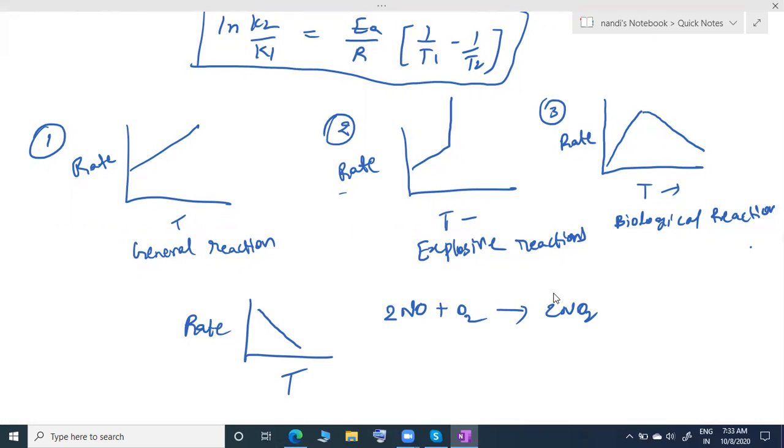And the rate of oxidation of carbon. Okay, rate of reaction with respect to temperature, oxidation of carbon.